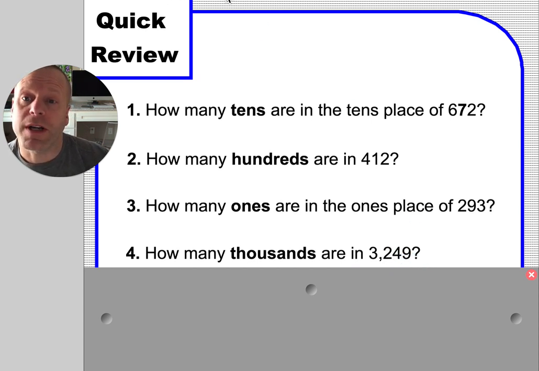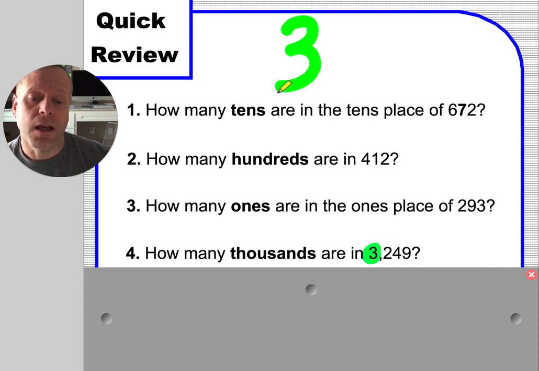Well, the first trick to doing this is to look in the thousands place. So it always goes ones, tens, hundreds, comma, thousands. So it helps you kind of keep your numbers organized, those commas. So in this case, we would have 3 thousands in this number.